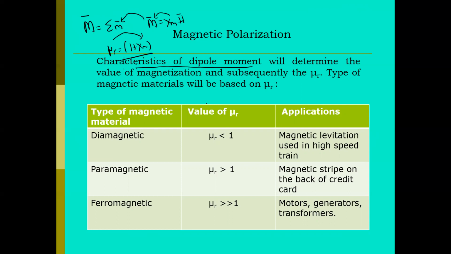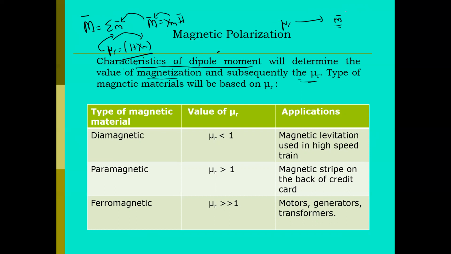So in the end, we can see that the mu R value, which is the relative magnetic permeability, will depend on the dipole moment of M. That's why I mentioned here that the characteristic of the dipole moment will be used to determine the magnetization and subsequently mu R.